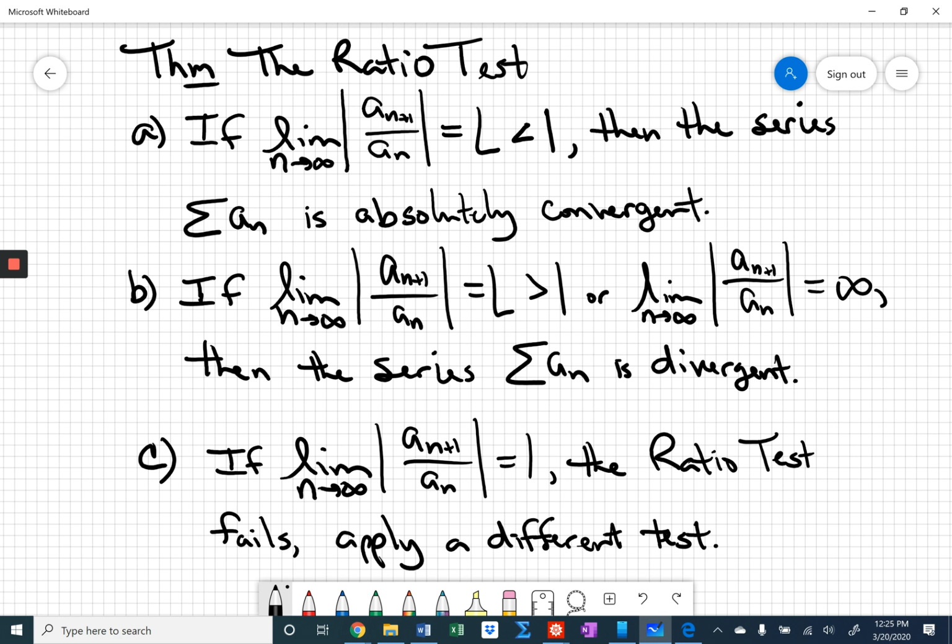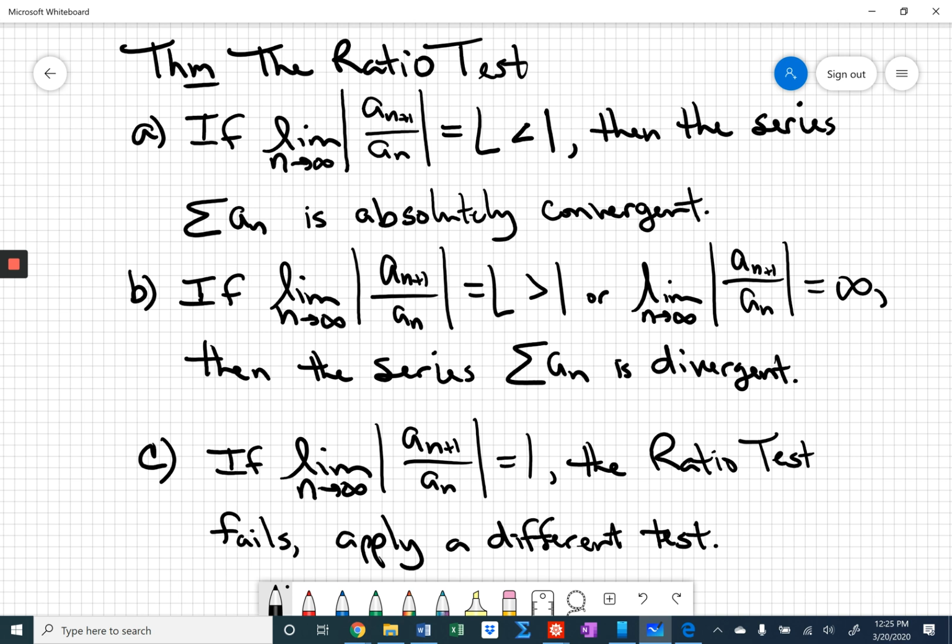Well, that's kind of what the ratio test is telling us, at least by analogy. What we're doing is we're taking the limit of a ratio. Okay, it's not a common ratio because we're going to apply this to series that are not geometric.